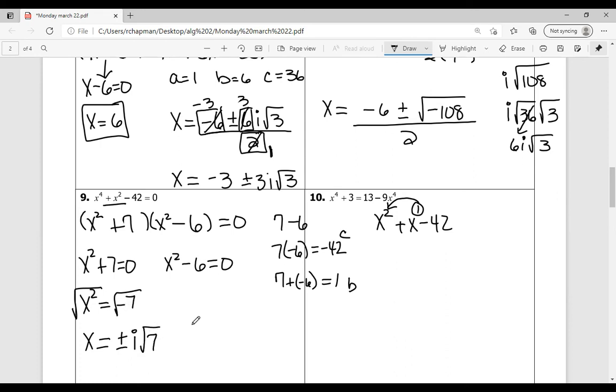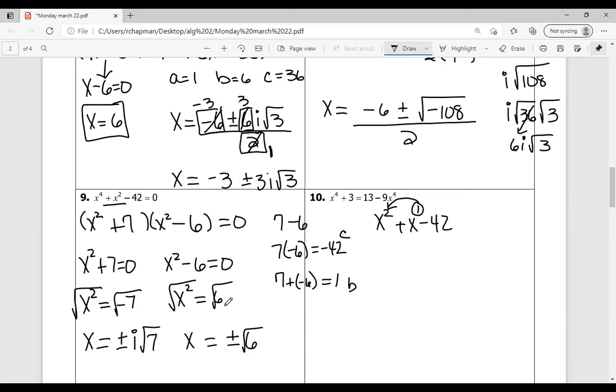Since it's the square root of -7, you can't break down the square root of 7. For the second one, I get x squared equals 6. Take the square root of that. You cannot break down the square root of 6. It is a real number, so there is no imaginary unit because 6 is positive.